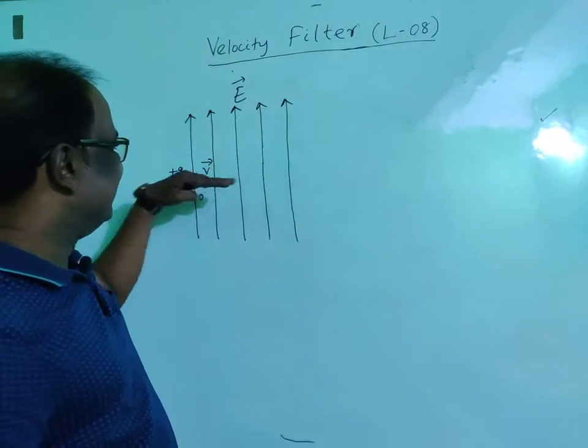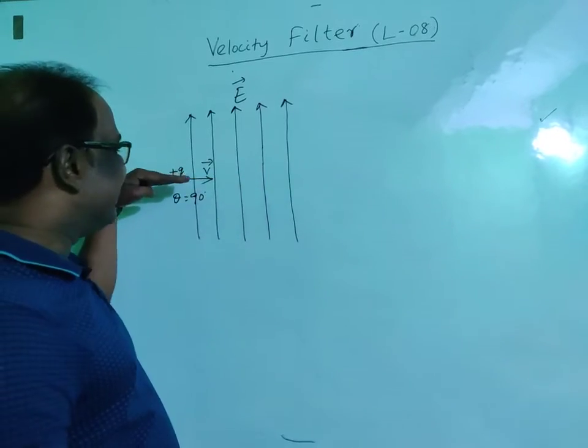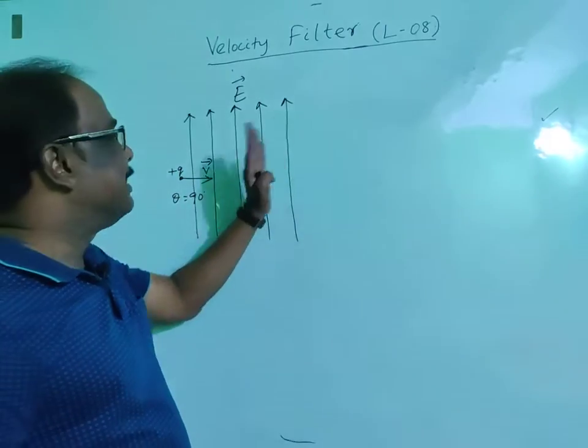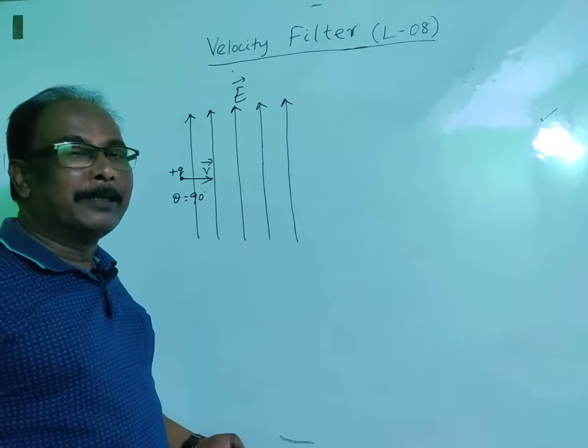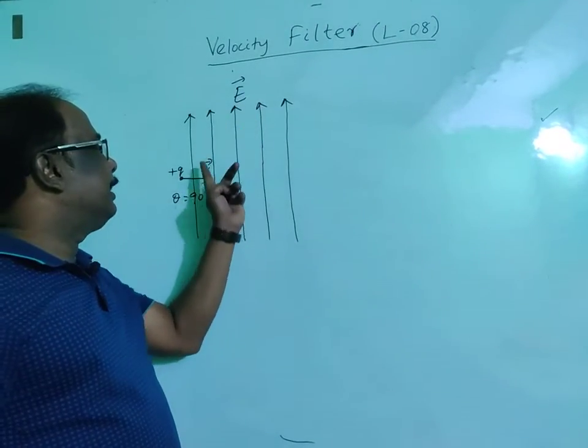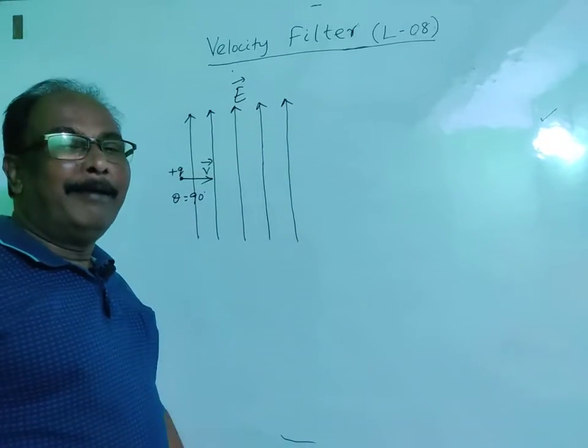Velocity is along the positive x-axis and the electric field is along the y-axis, so the angle between them is 90 degrees.